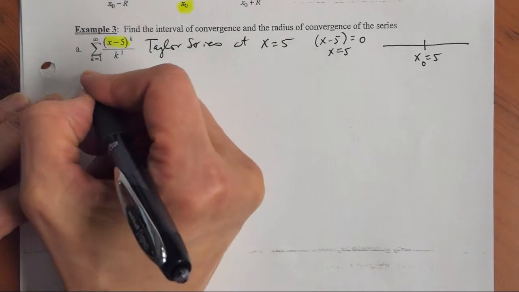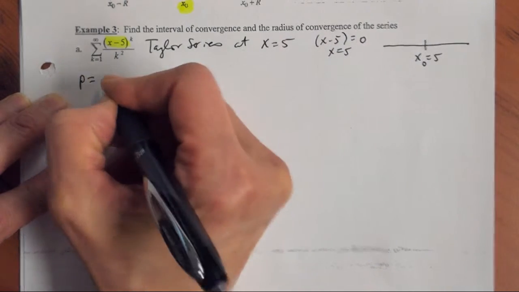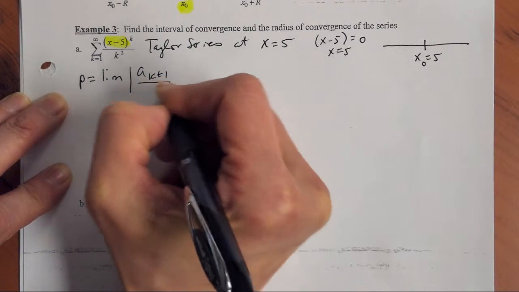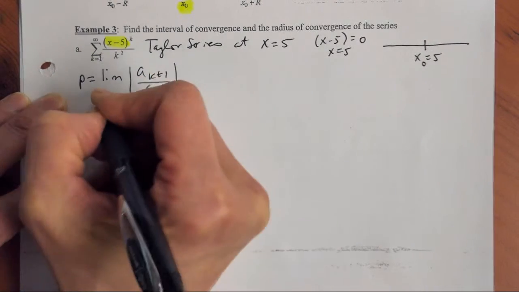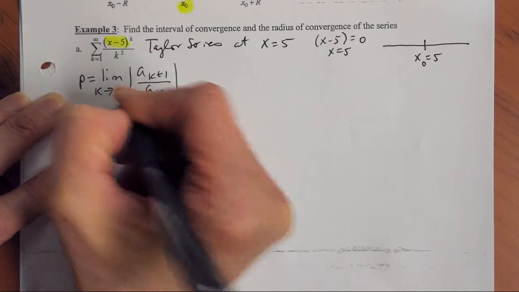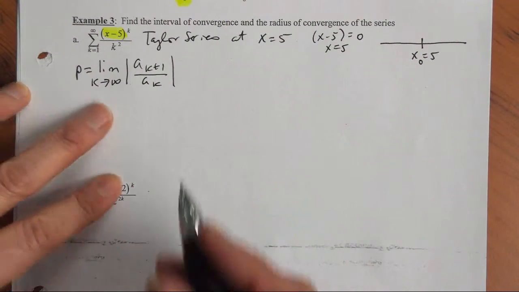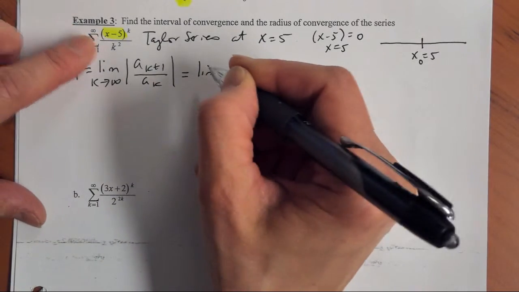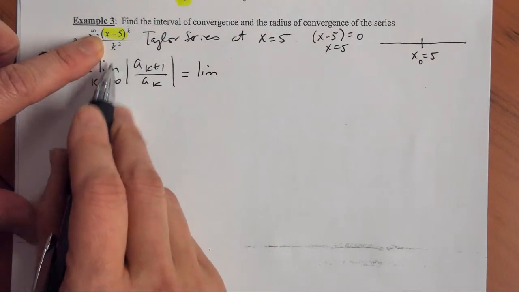Okay, so then I have rho equals the limit of the absolute value of a sub k plus 1 over a sub k, as k approaches infinity. Okay, so now I'm just going to put in everything on this. So all I'm changing is the k.